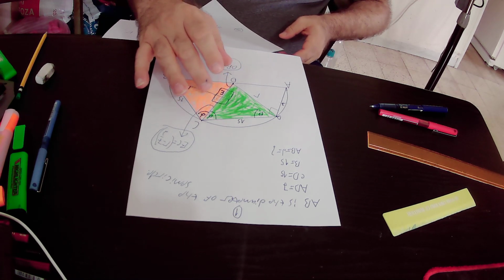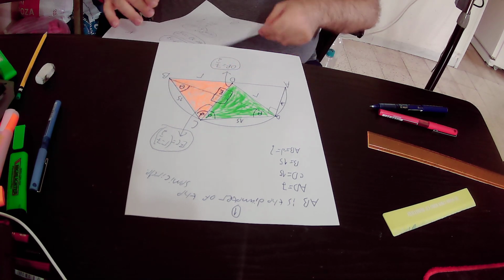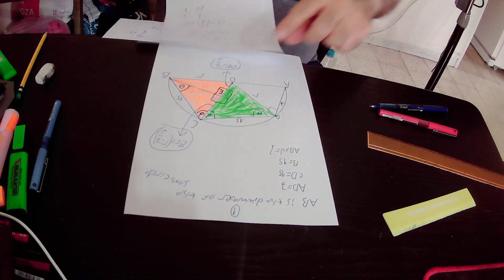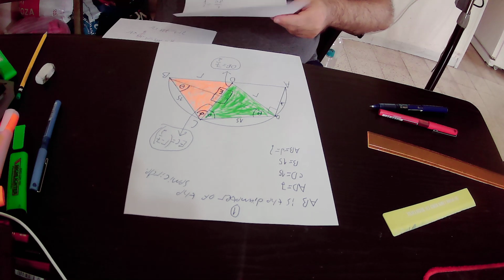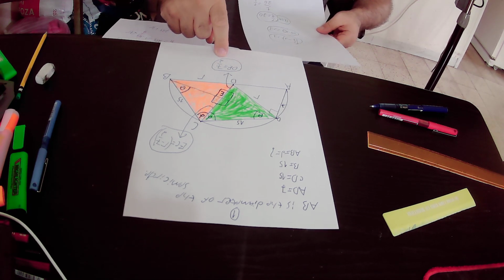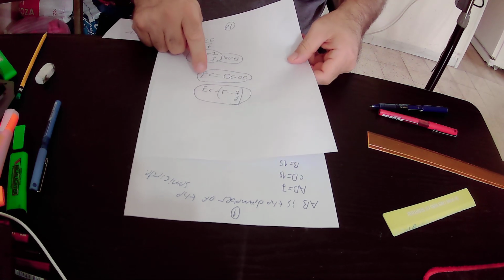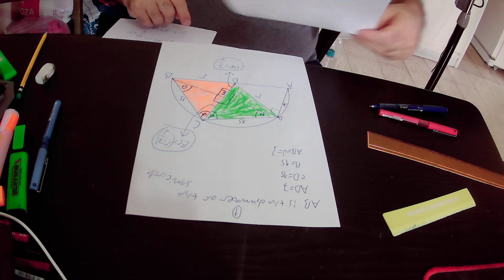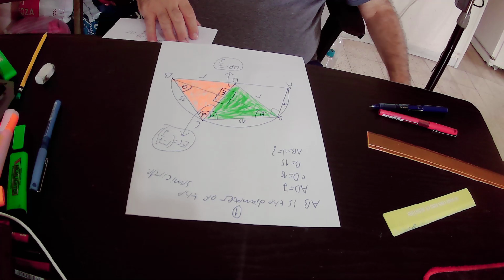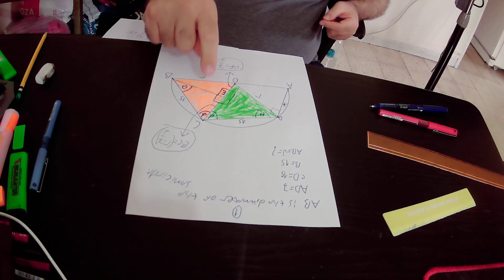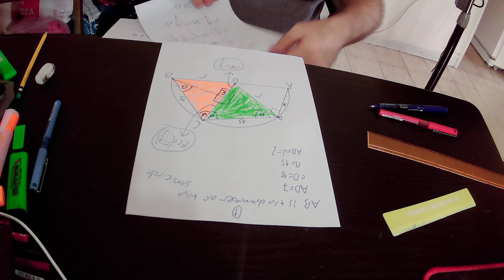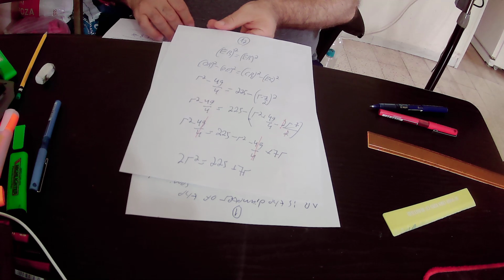Then EC equals OC minus OE, and OC is the radius of this semicircle, and OE equals 7 over 2. So EC equals R minus 7 over 2. Then we know that those two triangles are right triangles, and we created the equality that states that EB square equals EB square.